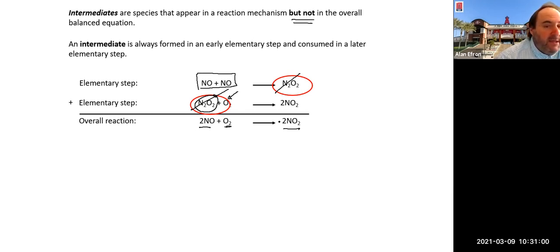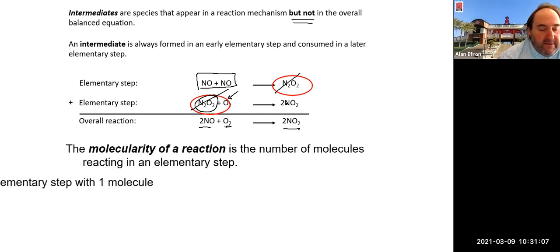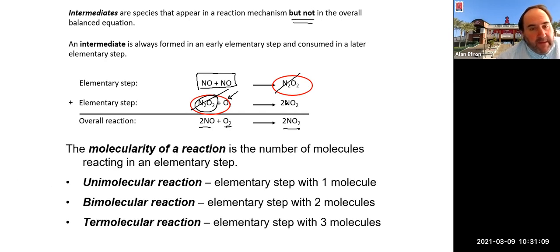Now, when we look at elementary steps, we can think about them in a couple different ways, and they're sometimes referred to as the molecularity of a reaction, and that's basically the number of molecules that are reacting in an elementary step. So unimolecular is basically an elementary step where you have just one reactant, like a decomposition type thing.